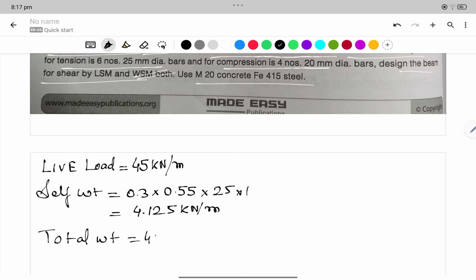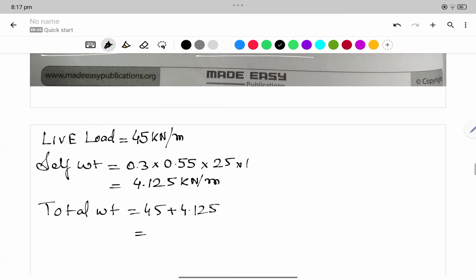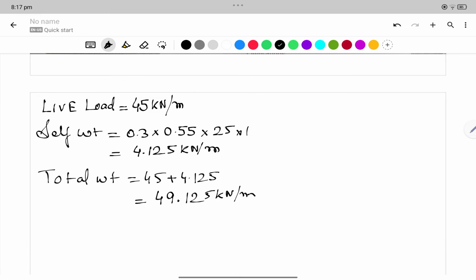So the total load is equal to 45 plus 4.125, which comes to 49.125 kilonewton per meter. This is the load. We know that for a simply supported beam the maximum shear force is WL by 2.